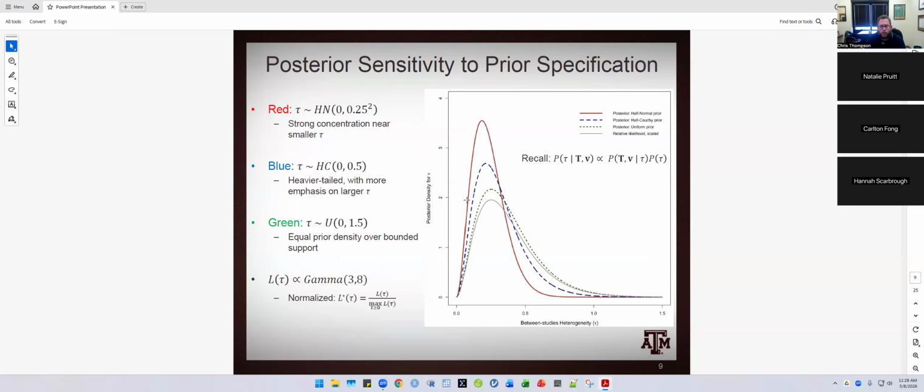So the posterior is on the y-axis. These are posterior distributions, or 3 of them are: the red, the blue, and the green. These are posteriors that combine a likelihood function, which is graphed here in gray. I know it's not the easiest to see. I should have bolded it. So there's 4 curves, but they're not 4 posteriors. 1 is a likelihood and 3 are posteriors.